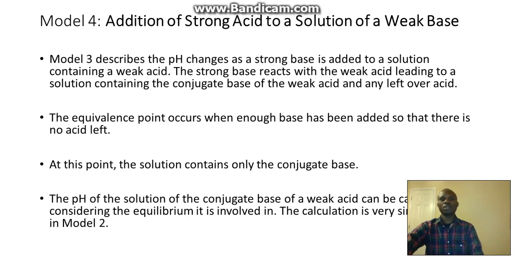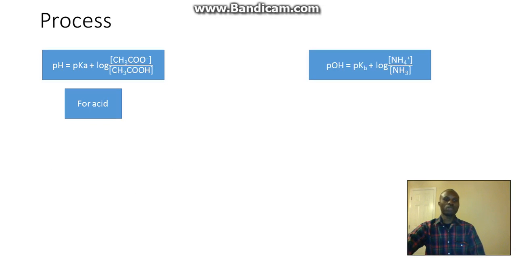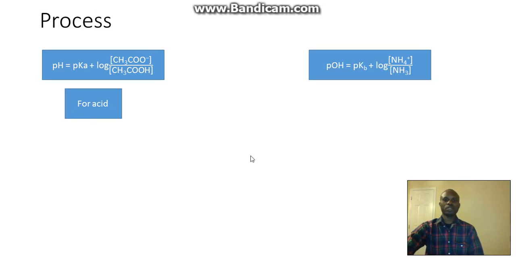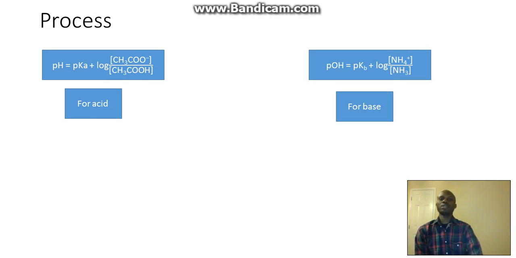So let's just go straight to the process that we can use. For acid, pH is given by pKa plus log of the conjugate base over the acid. We know that for acid, but what about for base? For base, this is what we have: the Henderson-Hasselbalch equation. pOH is equal to pKb plus log of NH4 over NH3.